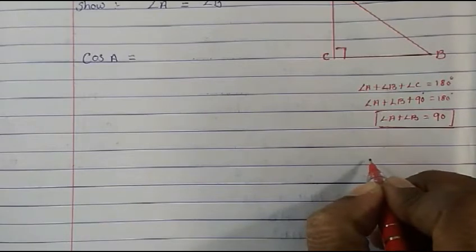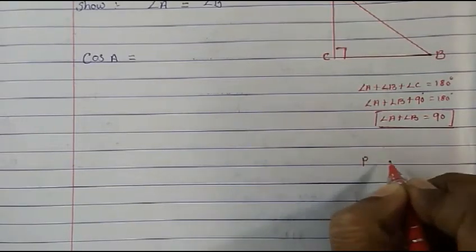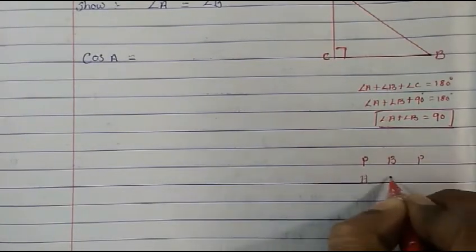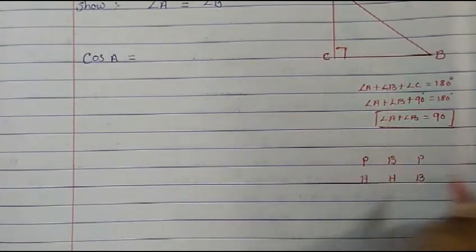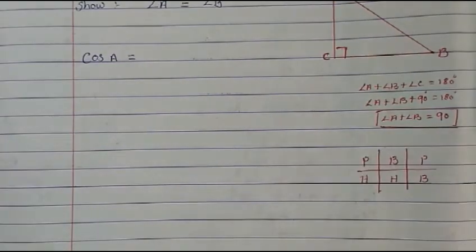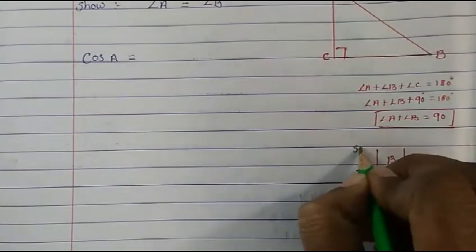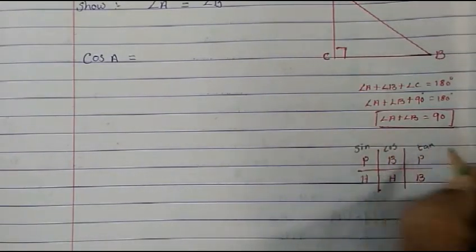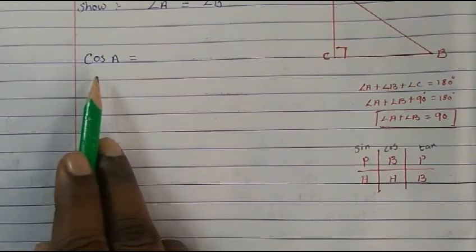I'll say like this: Prince beating princess horribly beating. So this is sine, this is cos, this is tan, but we want cos.